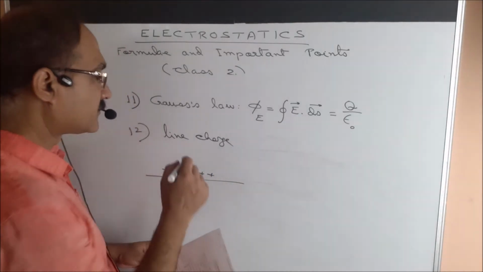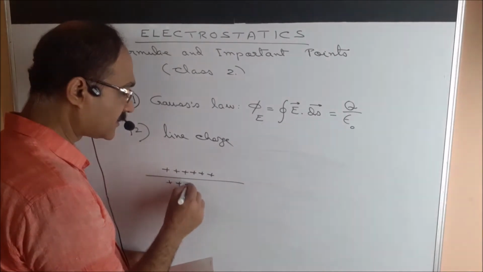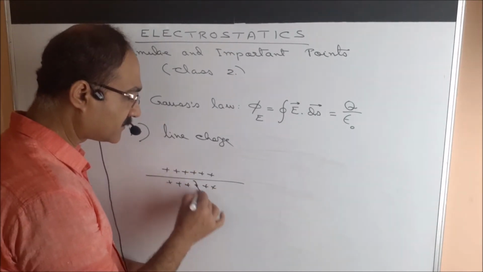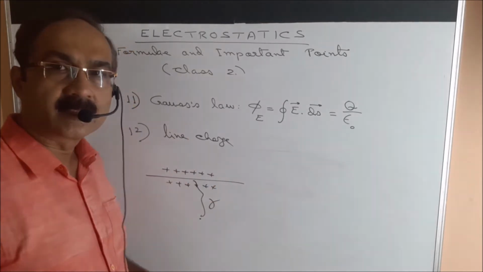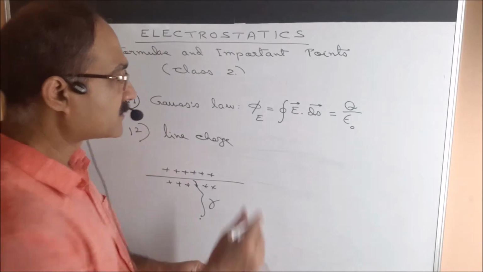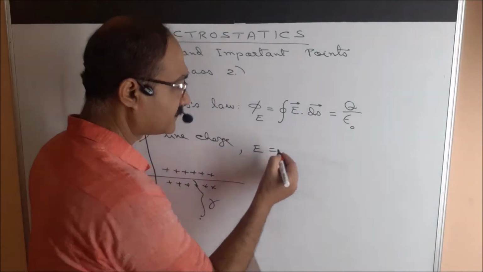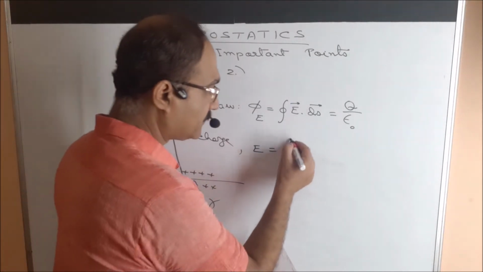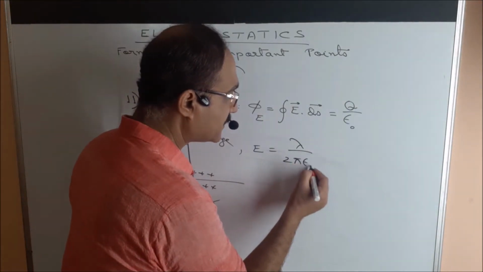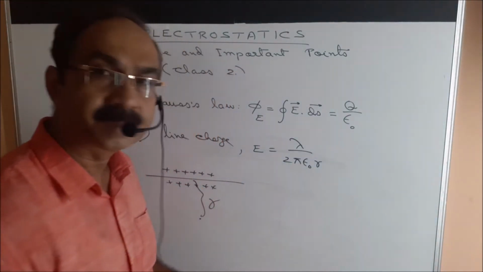From here at a distance of r, if we have to find the electric field, that electric field is lambda divided by twice pi epsilon naught into r.